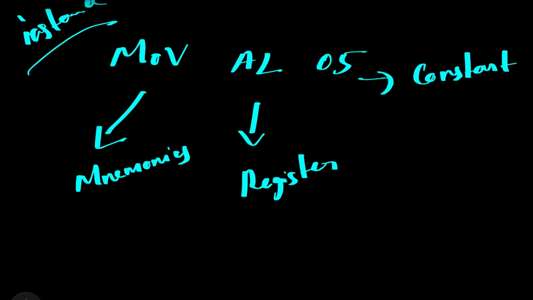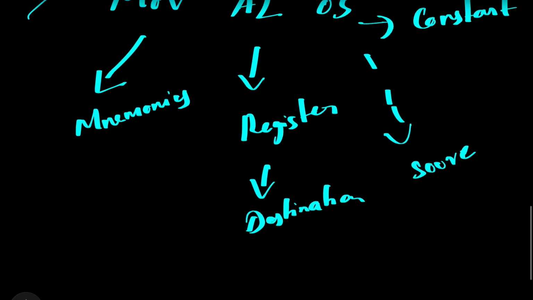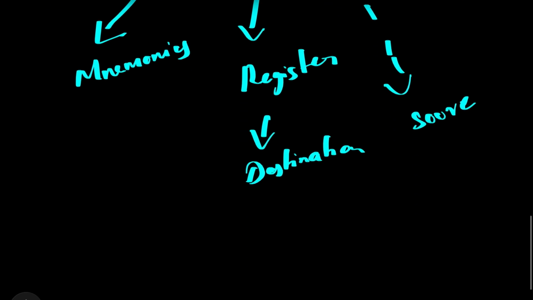With the mnemonic we have a register, which is the destination, and next to the destination we have the source. So this 05 is the constant, and this constant is going to move to the register called AL. This is how the CPU will work.